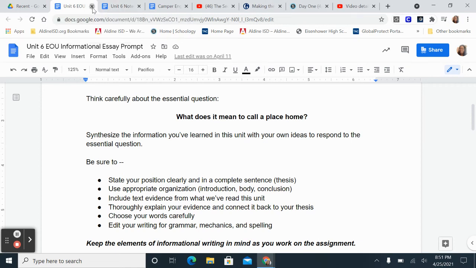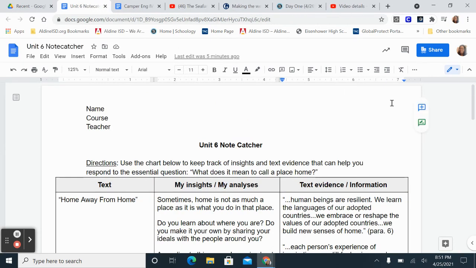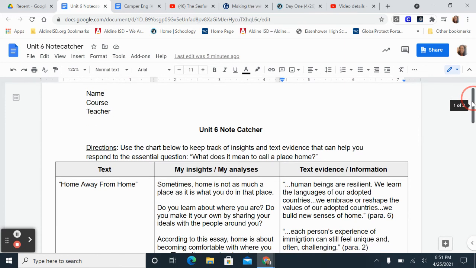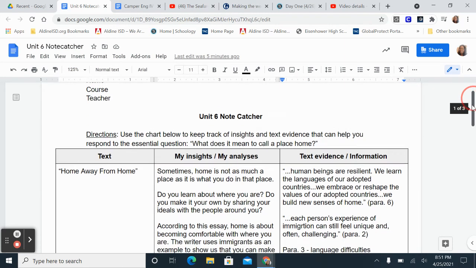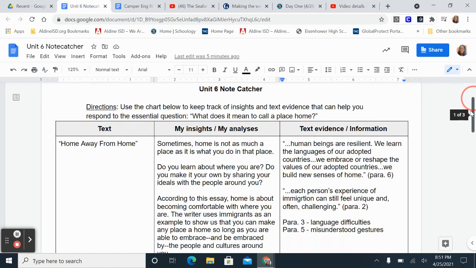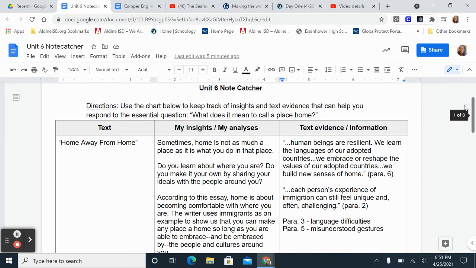So again, I am going to go back to the note catcher. And I did a video, like I said, about a week or two ago, where I explained how to complete the note catcher. I explained that you put your title of the text here. This here would be your insights and your analysis about the text, and then the text evidence.